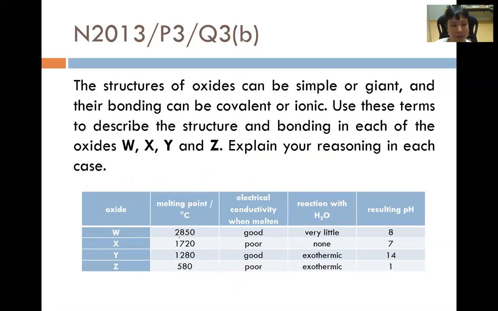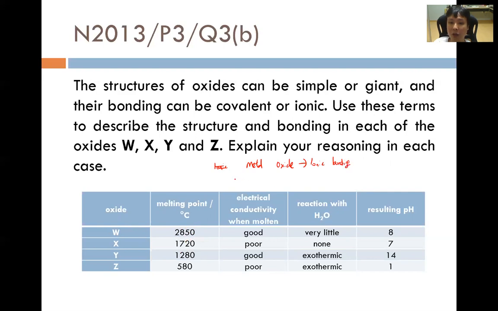Okay, so as we can see, the melting point of oxide W is 2850 and it's quite high. This is pointing towards the fact that it's either an ionic oxide, because for a metal oxide, which is the better term, it will be ionic bonding.